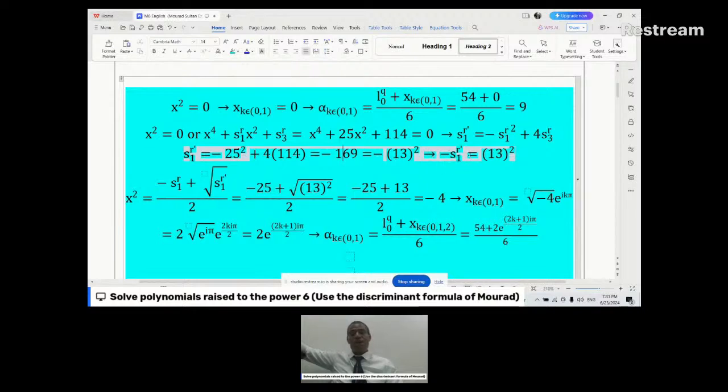Therefore, minus S1 of order R is equal to 13 squared. So, let's say the value of minus S1 of order R is positive, means you will get real roots, of course, and not necessarily real roots. One positive, next negative.